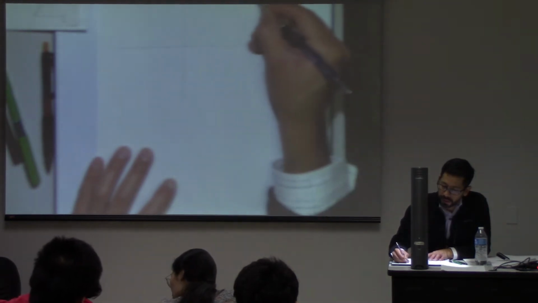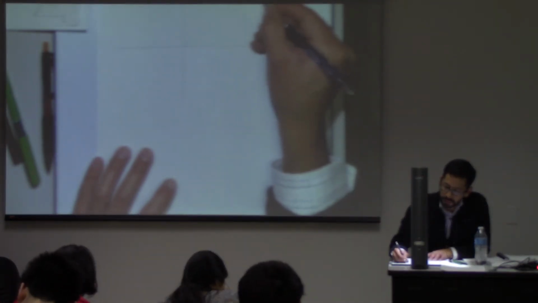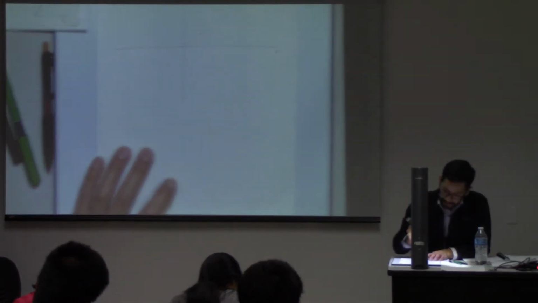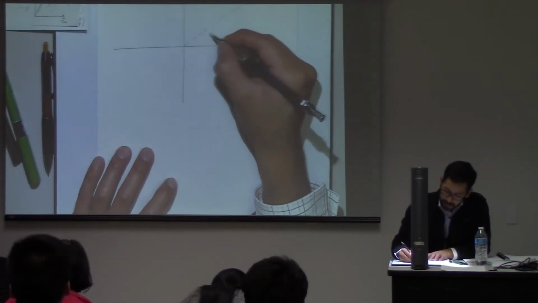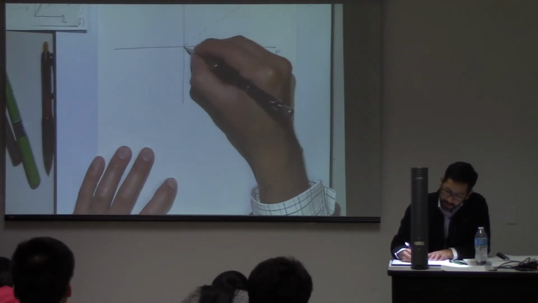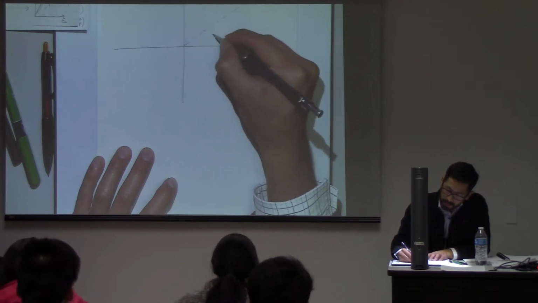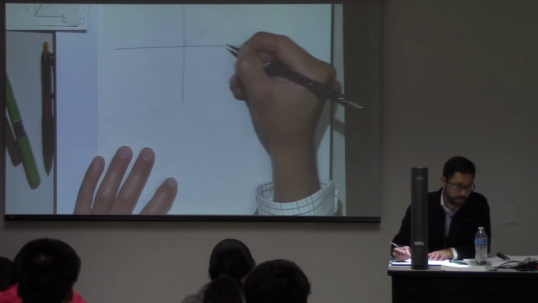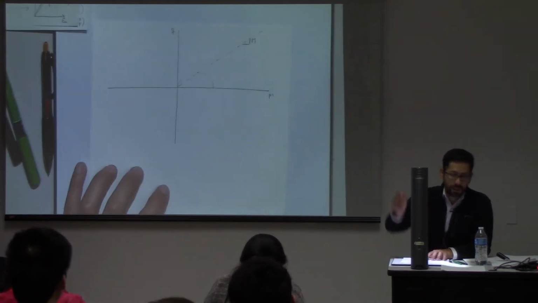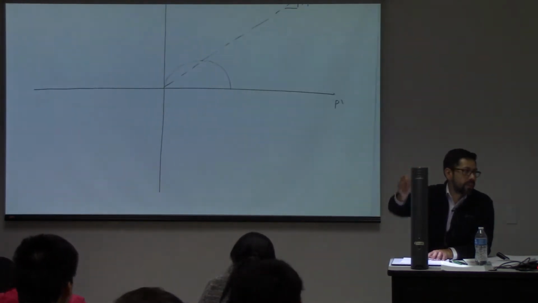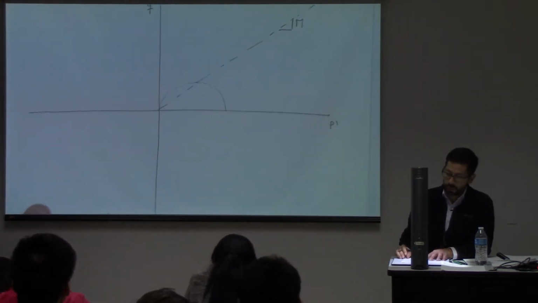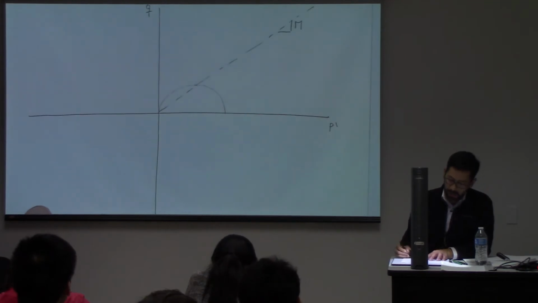This is the critical state line with slope M. And let's imagine that we have a material with an initial yield surface in this location, and we're going to look at the wet side.